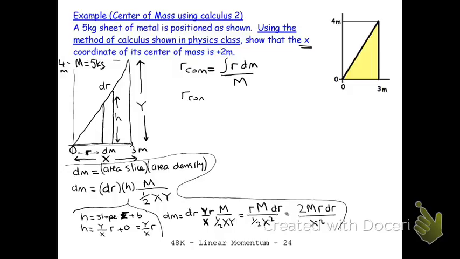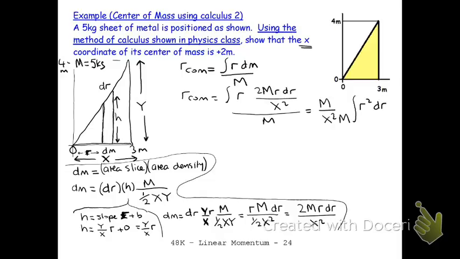So our center of mass is equal to the integral of r, and then I'm going to have 2 big M r dr over x squared, all divided by M, which equals, your M's cancel. So I have, let's just take it out, M over x squared, the integral of r squared dr. It's an r squared function now.